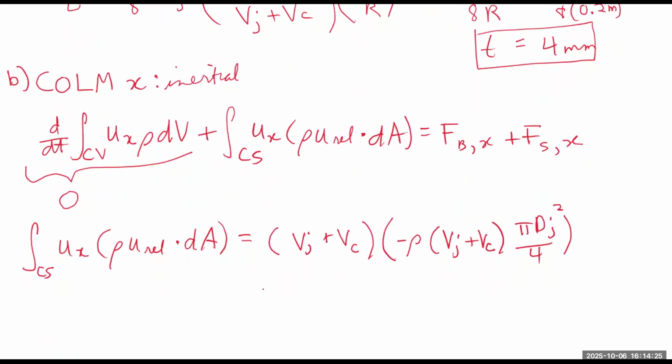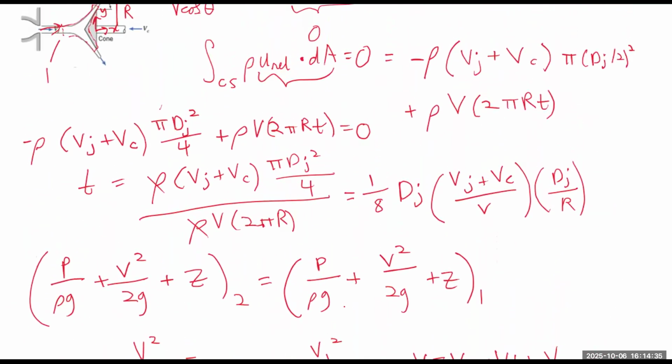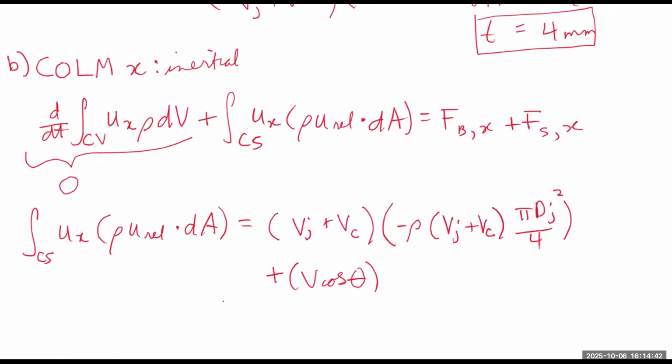So plus V cosine theta, and then multiplied by what was there, so multiplied by rho V times 2 pi rt.